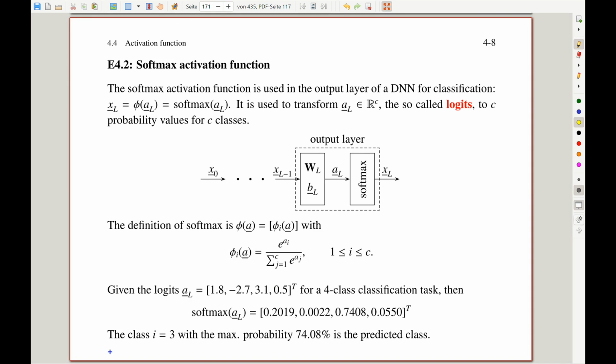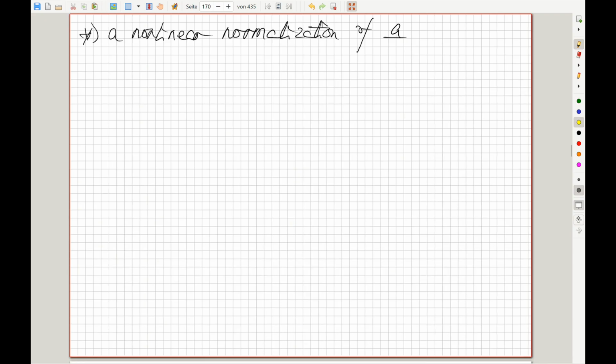Good. I go back to the previous slide because I have some additional properties, namely the derivative. We also need to calculate the derivative of the softmax activation function. Remember, we have multiple inputs, we have multiple outputs, and we need to calculate the partial derivatives.